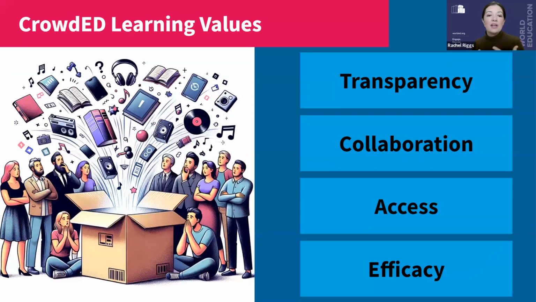And finally, there is efficacy, which is very, very important when we talk about generative AI. So how do we evaluate resources generated using AI or AI-enabled tools and ensure that they are actually advancing what we would consider to be effective education and meaningful education rather than diluting these resources?